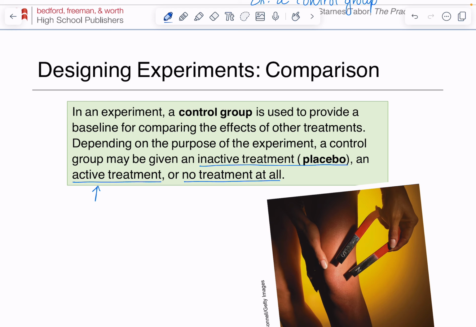I'm not going to give one group of cancer patients no medication, like no chemo or no whatever. Like that's kind of messed up to give them no help with their cancer. Okay, so the second comparative group would be the group that gets the pre-existing cancer treatment. That way I can compare the new one to how the old treatment worked.